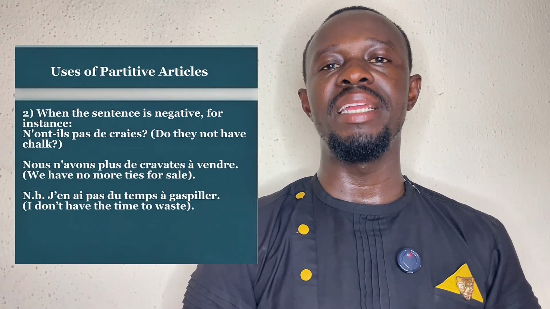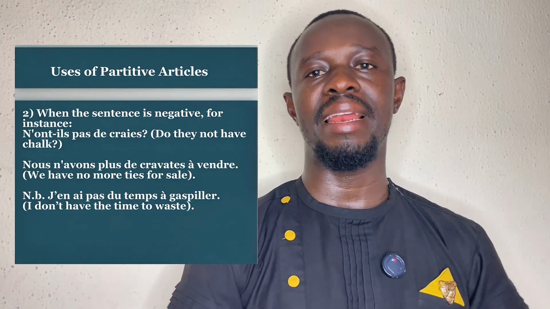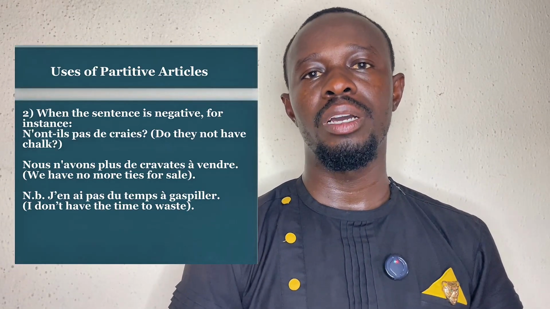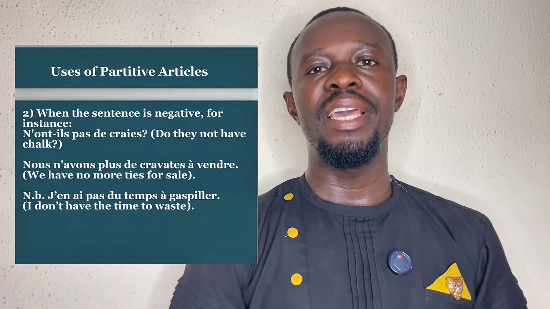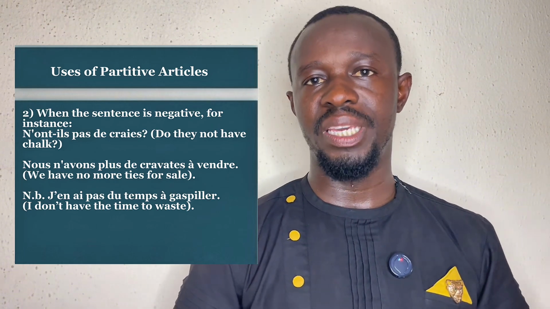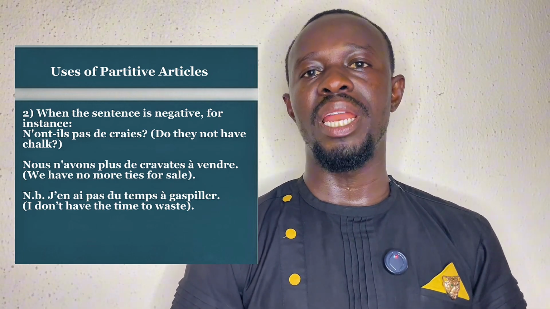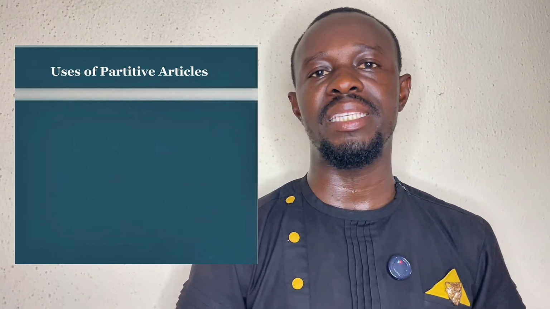Two, when forming negation. For instance, you can see it in n'ont-ils pas de craie? Do they not have chalk? Or nous n'avons plus de crevettes à vendre. We have no more shrimps for sale. And also, be careful because you can see it in je n'ai pas du temps à gaspiller, which means I don't have the time to waste.